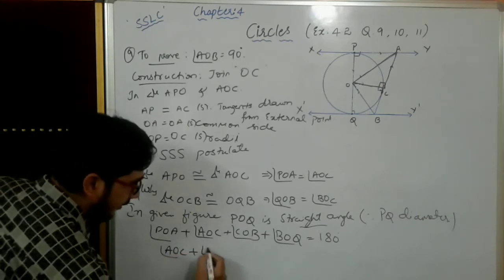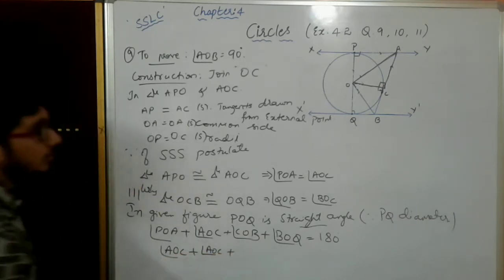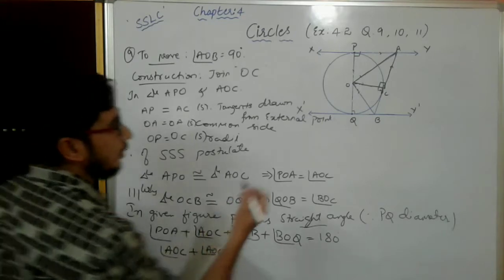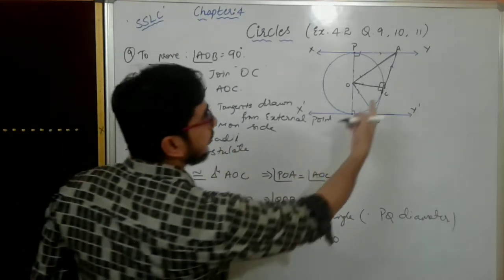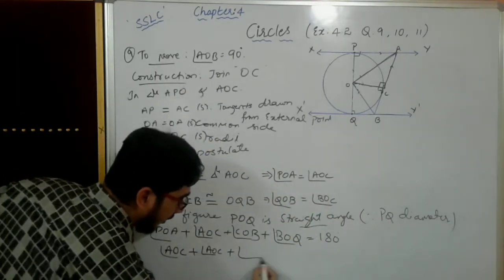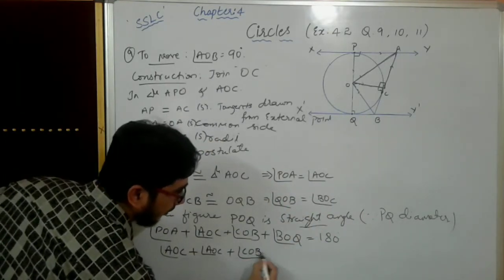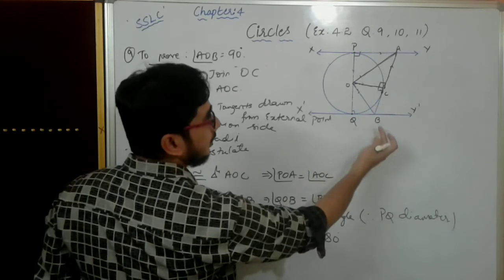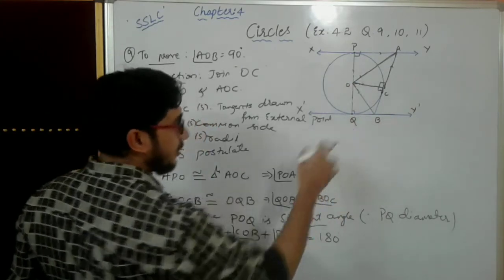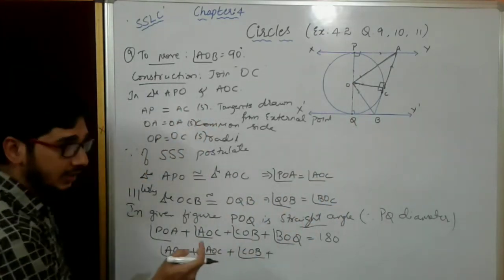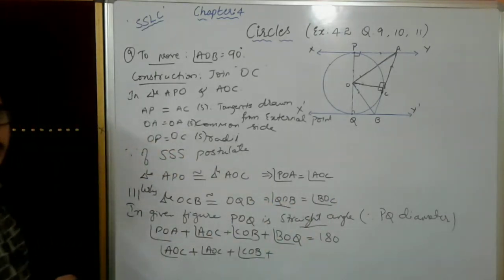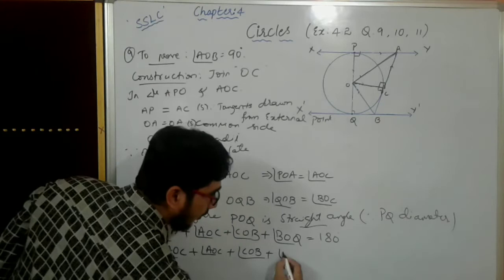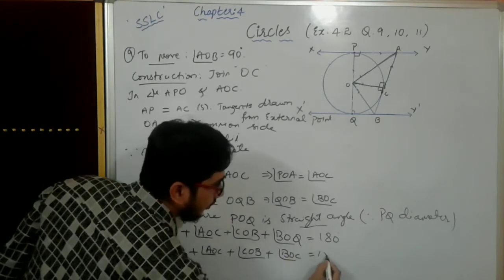Again, AOC as it is, plus COB as it is. You'll get to know why in the next step. Now BOQ is nothing but BOC only. I will write here BOC, which is equal to 180 degree.